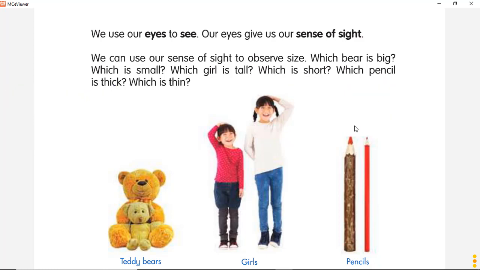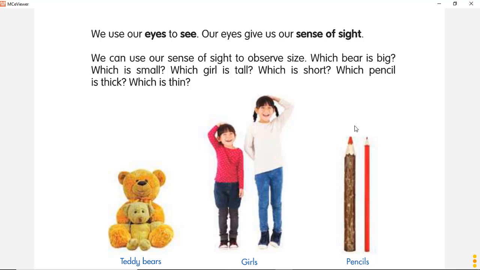Kita menggunakan mata kita untuk melihat. Oke, jadi sense of sight itu menggunakan eyes. Untuk apa? Untuk melihat. To see. Jadi sense of sight itu adalah indera penglihatan. Apa yang kita gunakan? Kita menggunakan eyes to see untuk melihat.